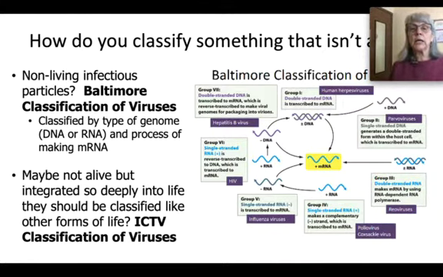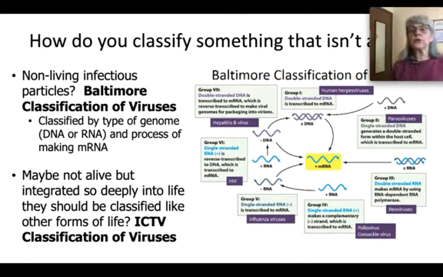Now, you'll see in the lighter purple in the box, that is giving their genome. And then the dark purple boxes are examples of viruses for each of those groups. And then in the black, it describes how the messenger RNA is made and how their genome is replicated.